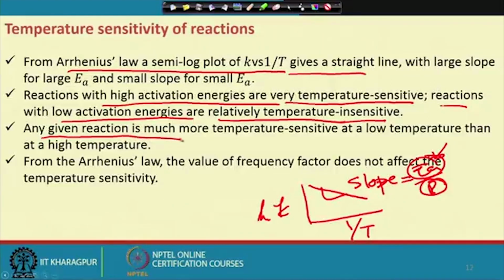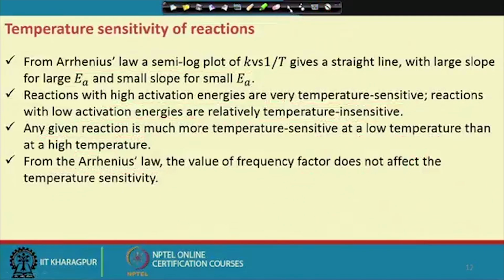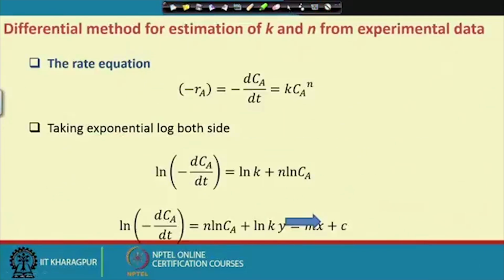Any given reaction is much more temperature sensitive at low temperature than at high temperature, as we have seen previously, that at low temperature the change of k value is more as compared to high temperature. And from Arrhenius law, the value of the frequency factor does not change with temperature, because that remains constant with respect to temperature. Now, the question comes, how we can determine the value of the rate constant and the order of reaction.